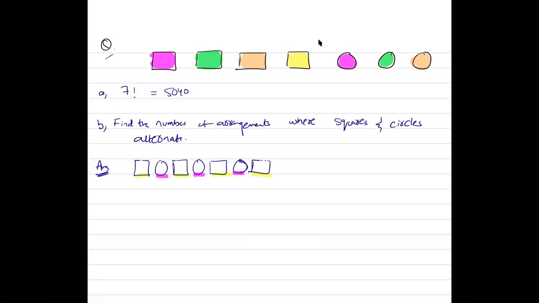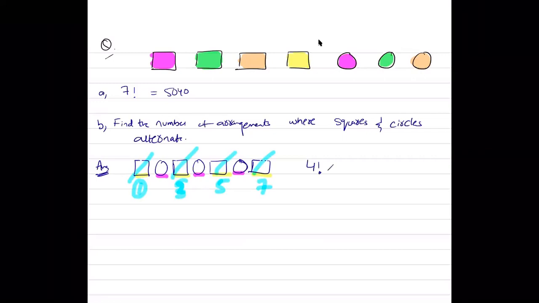The question does not specify which color square needs to be where. So you have an option to change the positions of the squares within them. If squares are at the first, third, fifth, and seventh positions, you can shuffle these squares. There are 4 squares. Would you agree that the 4 squares can shuffle in 4 factorial ways?